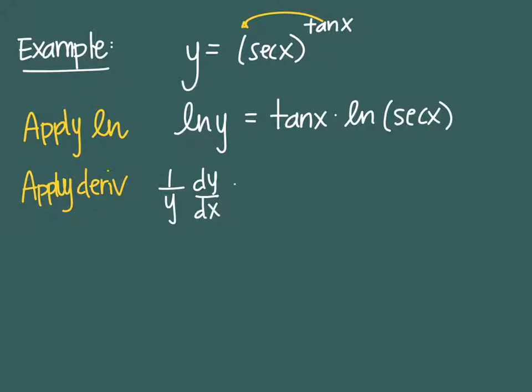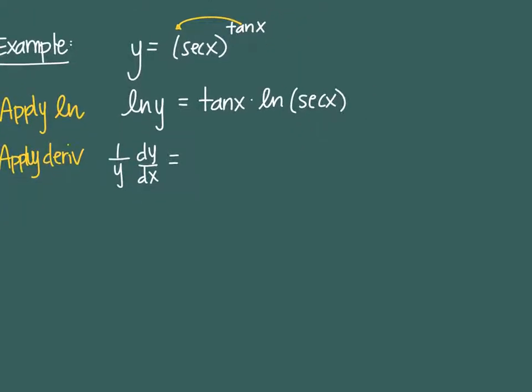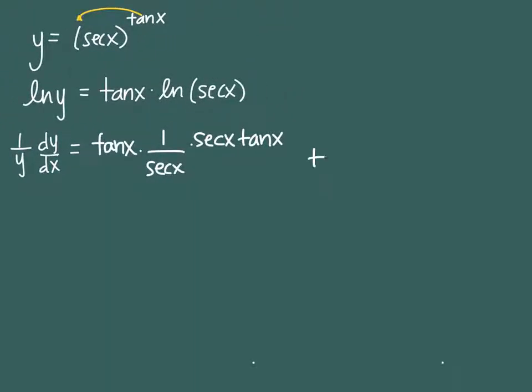On the other side, it should be tangent x times one over secant x times secant x tangent x, plus secant squared x times natural log secant x. Nicely done.